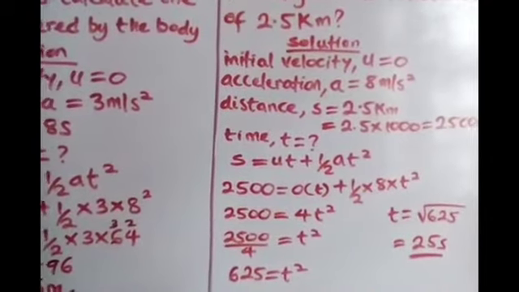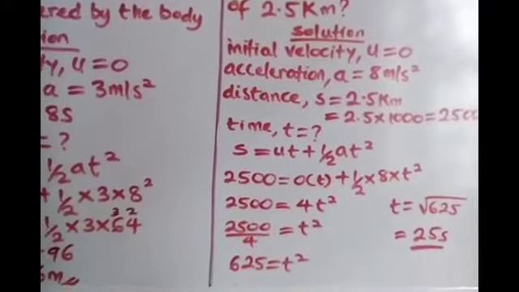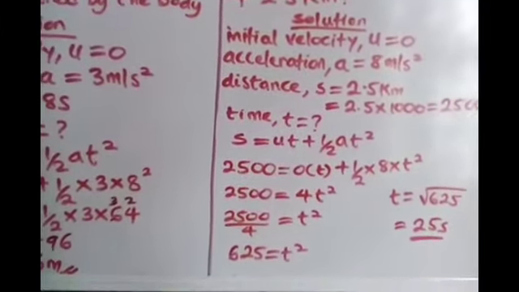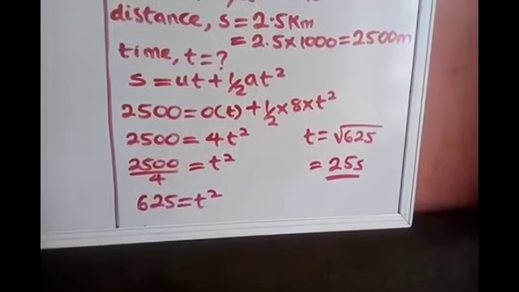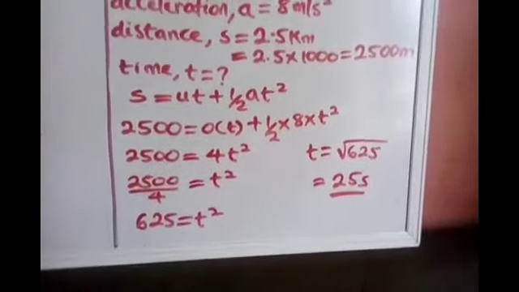Then 4 times t squared. We make t squared the subject. We have 2500 divided by 4. 2500 divided by 4 will give us 625 equals t squared. Our t will be the root of 625, and that will give us 25 seconds. Thank you.